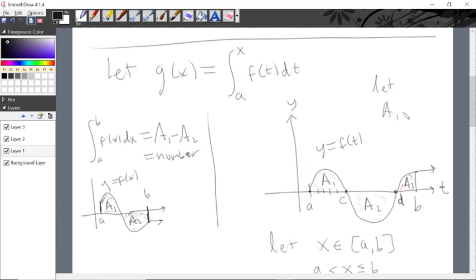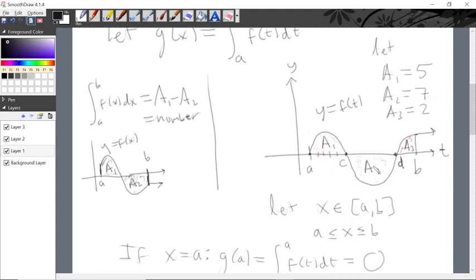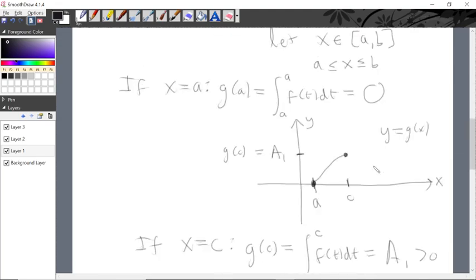Let's say that I'm going to let a1 equal 5. Let's say that this is 5 units of area here, or something like that. Let's say that a2 is equal to 7. Notice that a2 is an area, so that's why I'm making it a positive quantity. And let's say that a3, let's make a3 equal to 2. Right? So the area of this is 2. Just as an example, right? They don't have to be, but just as an example.